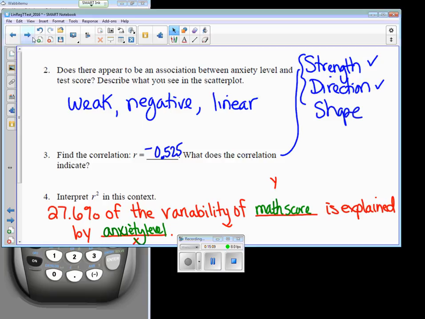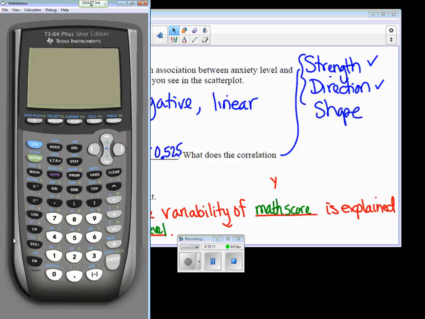So if we go to our calculator, remember the steps. We have already done the regression line. And the calculator uses the most recent regression that you've done on the calculator. So if you forget that step, if you don't go, excuse me, to Stat Calc LinReg, it won't work.